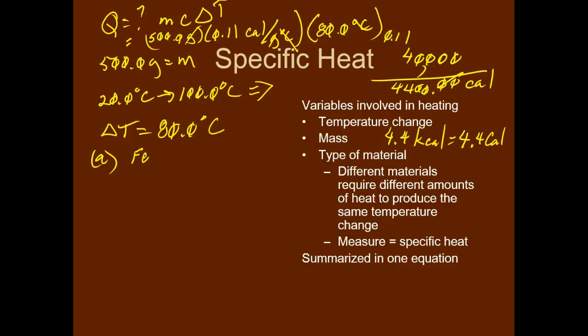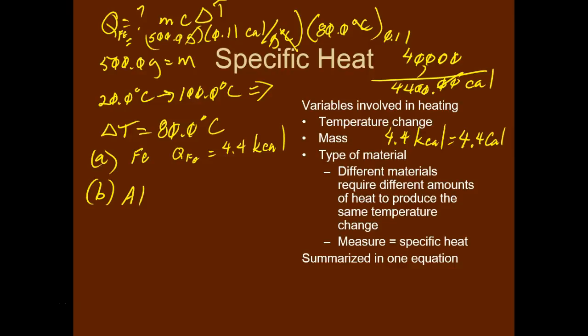All right. But part B of this problem said, what would it be if it was made out of aluminum? Well, everything else in the problem would be the same. This is Q for iron. So Q for the iron would be 4.4 kilocalories, or 4,400 little c calories.